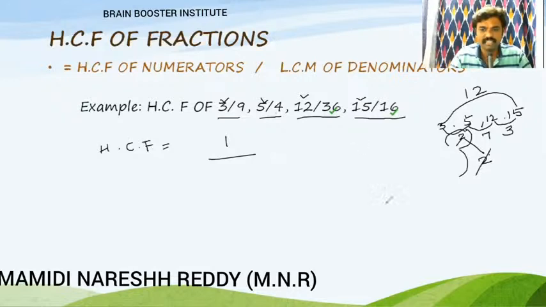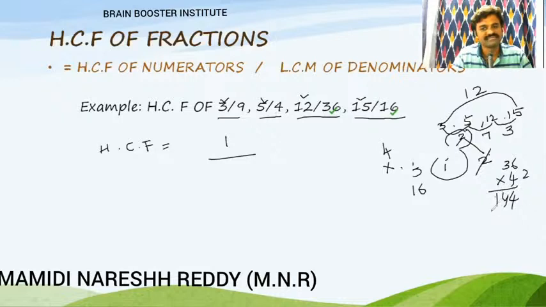Let's see 36 fours. Now I am multiplying with 4. 36 into 4: 4 sixes are 24, 4 threes are 12, so 144. So 144 is a multiple of 16?